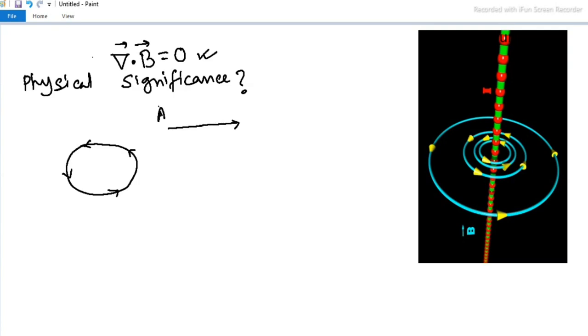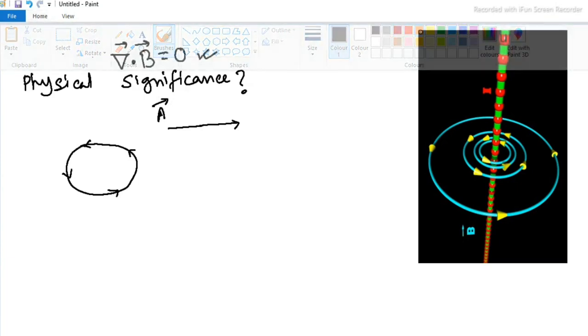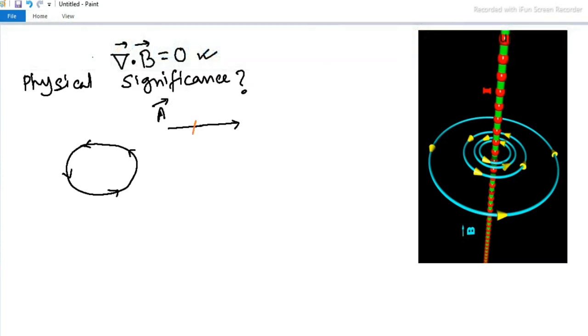I can say any kind of vector, so say the vector is A. If I am considering here a unit volume, the divergence of A gives the information about what is the net quantity of the vector which is coming out from this unit volume.